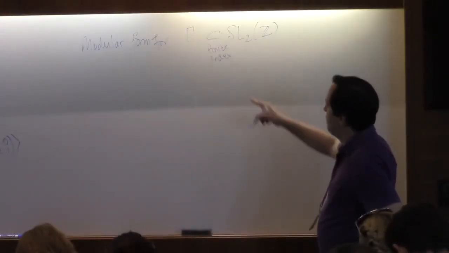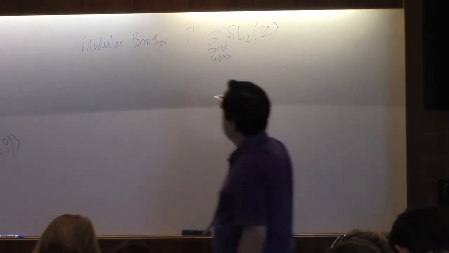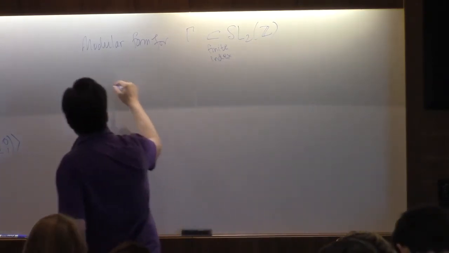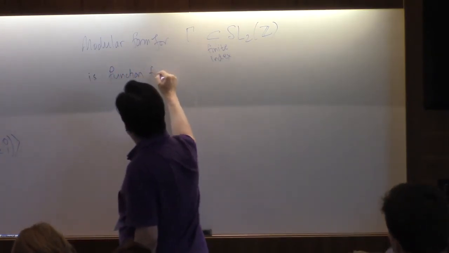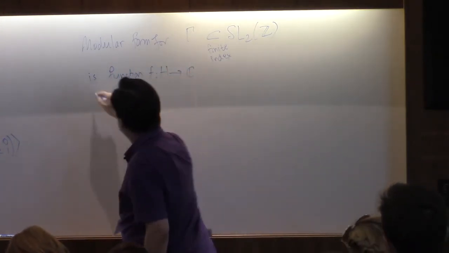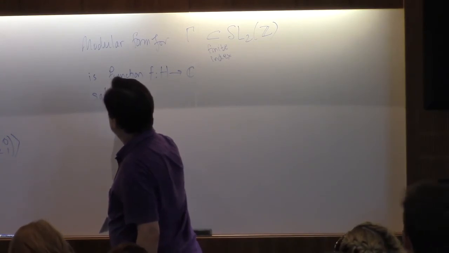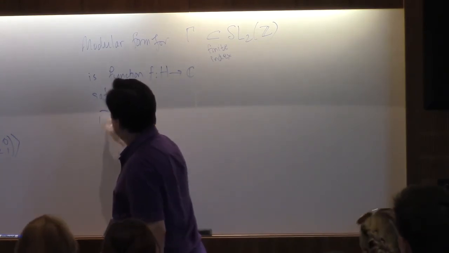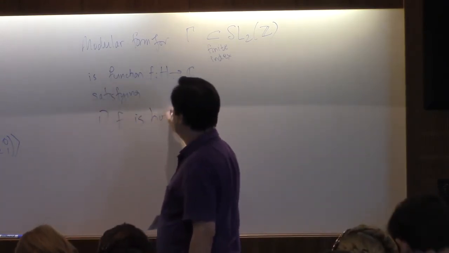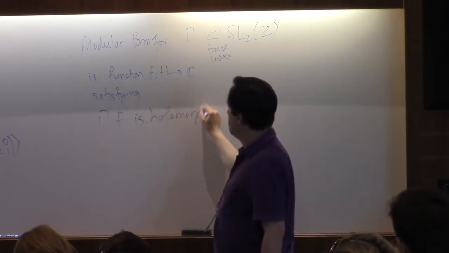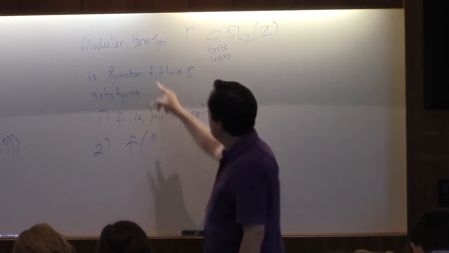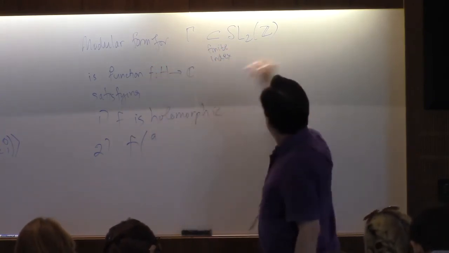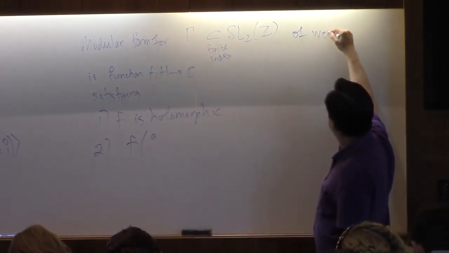But a modular form for a subgroup, what does it mean? It's a function satisfying, it should be holomorphic, like before. It should satisfy, a modular form for a subgroup of weight k.